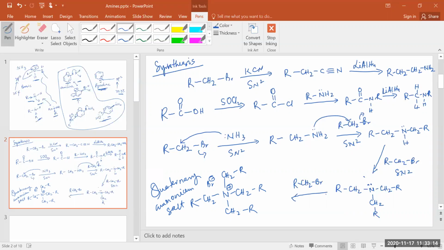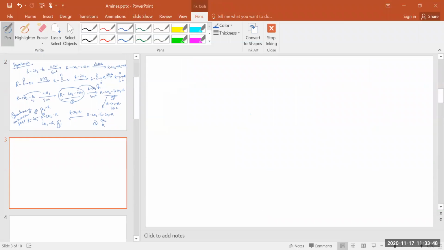So what happens if you try to react ammonia with alkyl halides? It will make all these: 1, 2, 3, 4. In fact, it is a mixture of four compounds, so it is not a good method. To make primary amines selectively, there is an alternate method.